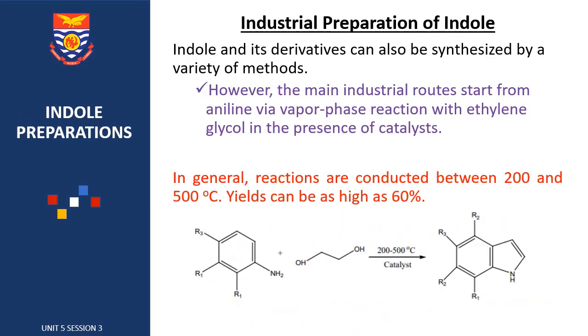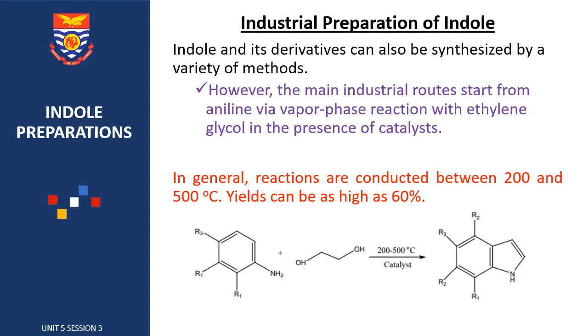Next is to quickly look at the industrial preparation of these indoles. The indoles themselves and their derivatives can be synthesized through different means. The industrial route is basically aniline, which is reacted through a vapor phase reaction with ethylene glycol in the presence of a catalyst.